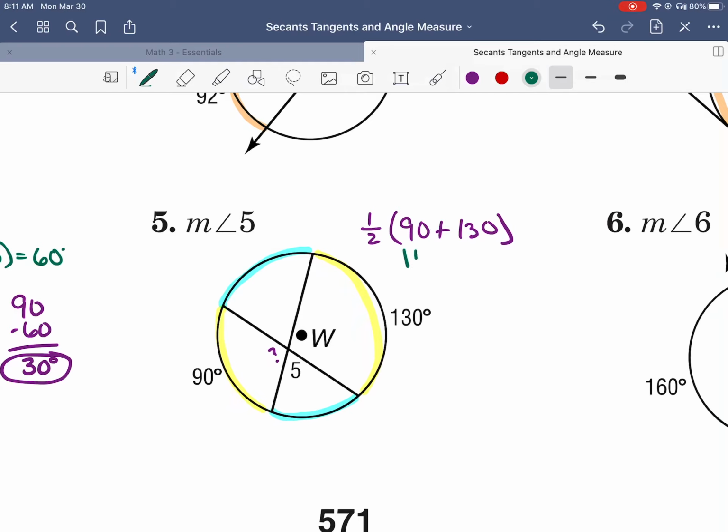Half of 220 is 110. So this angle is 110. So is this one. If I want to find the measure of angle 5 now, notice these two are a straight line. Remember, straight lines create 180 degrees. So 180 minus 110 leaves me with 70 degrees.